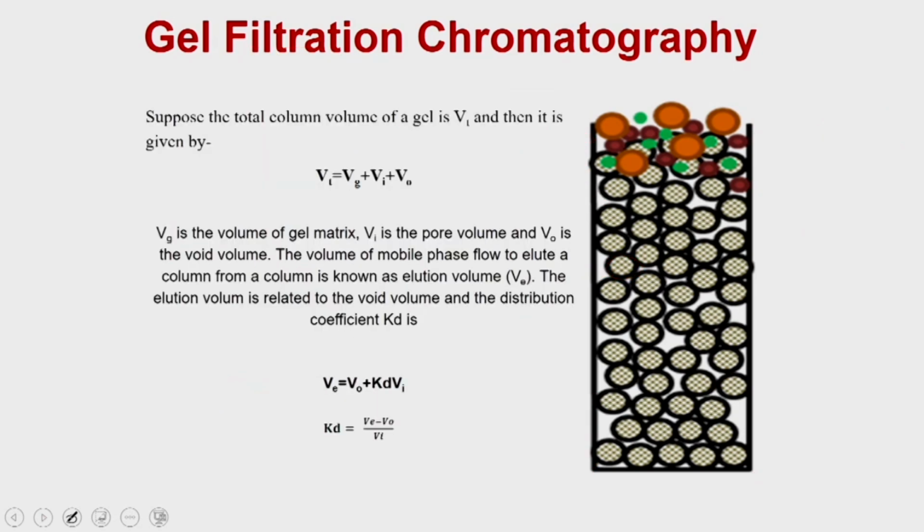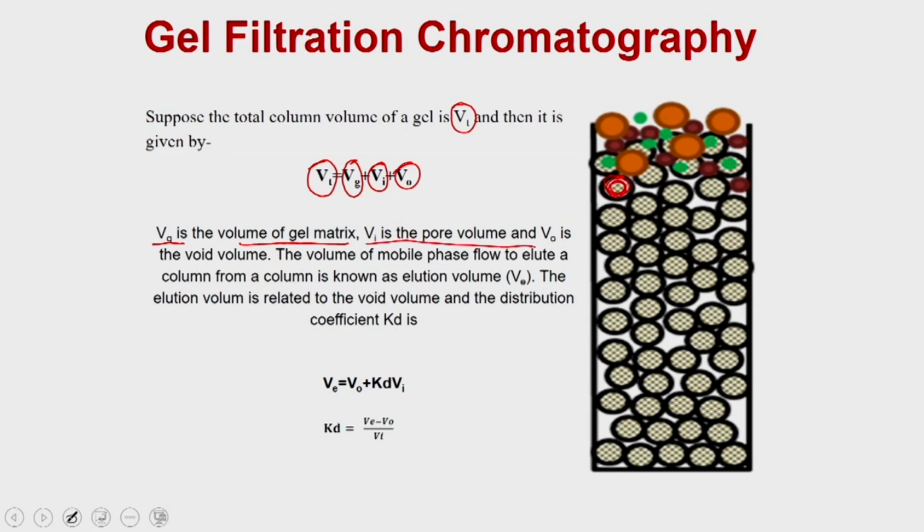Now, suppose you are preparing a column and the total volume of the gel that you have used is called Vt. Then the Vt, which is the total volume of the column, is equivalent to Vg plus Vi plus Vo. Vg is the volume of the gel matrix, which means the volume of these beads.